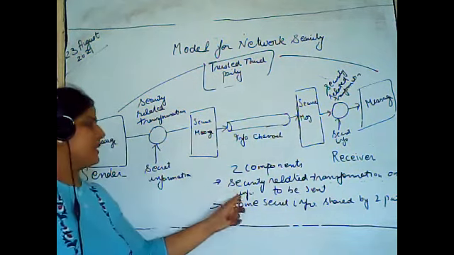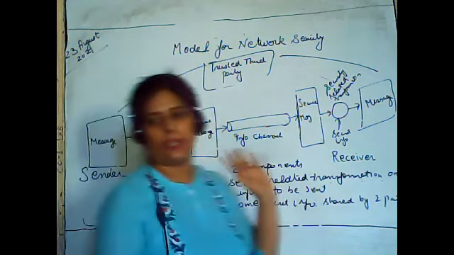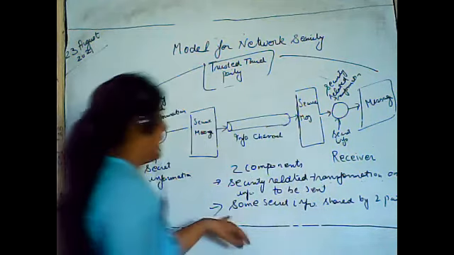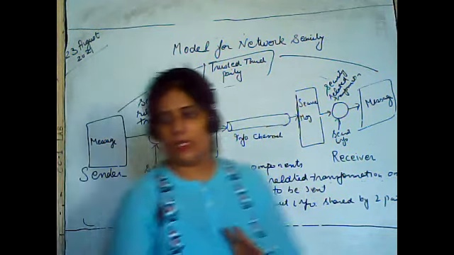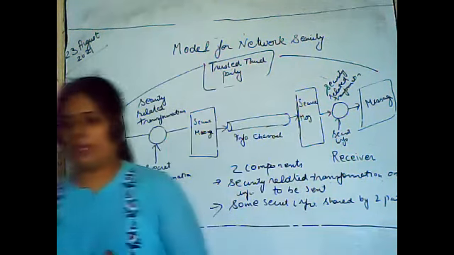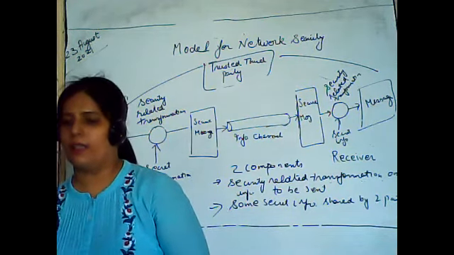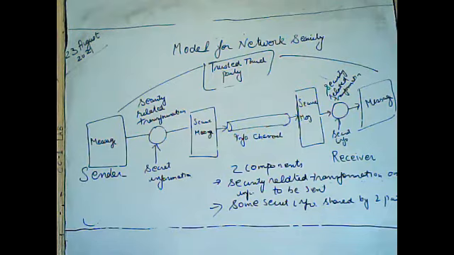The very first thing is what type of transformation we are doing on that particular message. The second thing is what type of secret information we are sharing, and at what intensity we are sending that information. These are the major components that we require in the case of network security.